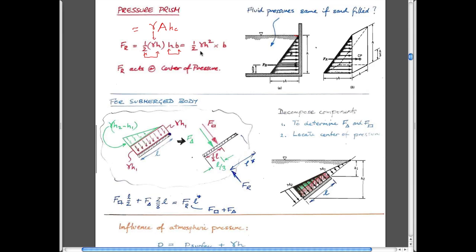And the standard result is this: half gamma h squared b. And so you can get the magnitude of this. And you also know that the center of pressure acts 2/3 of the way down.